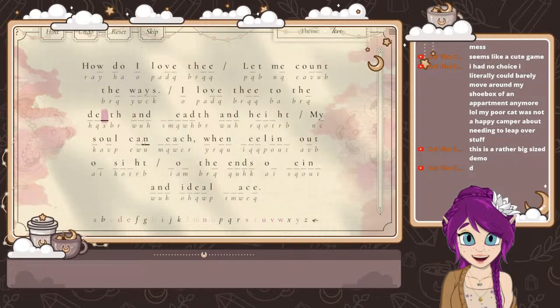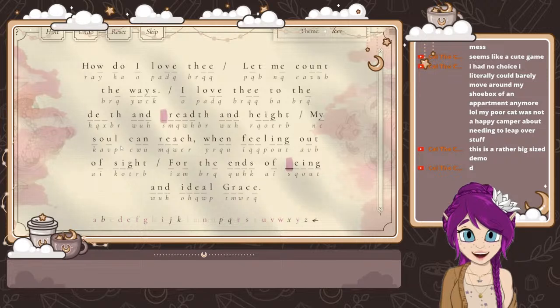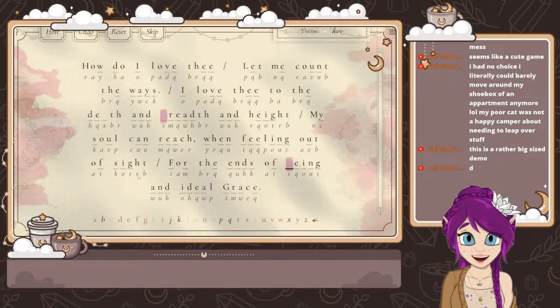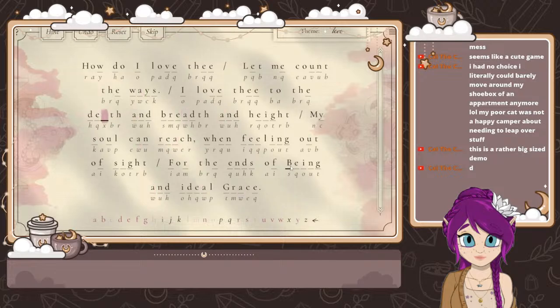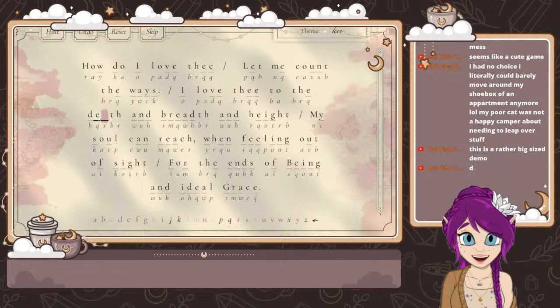My soul can reach when feeling out of sight for the ends of being. Oh, that's not A. I thought it was death.